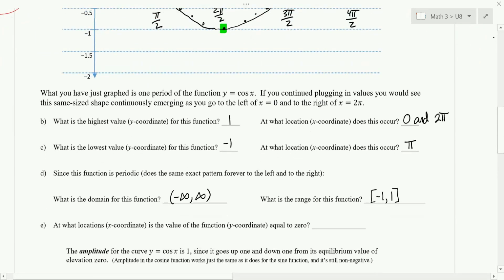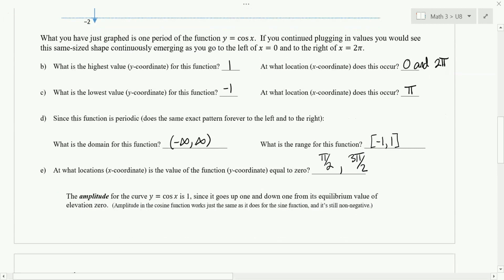How about the locations for the function equal to 0? Pi over 2 and 3 pi over 2. Okay, so the answers that are different is what's happening on the x-axis. The y-axis is staying the same. You know, we're still hitting the same max, same min. We're hitting x-intercepts, but it's happening at different locations now on the x-axis.